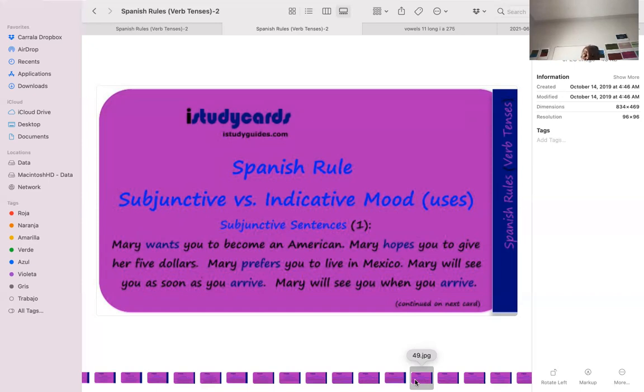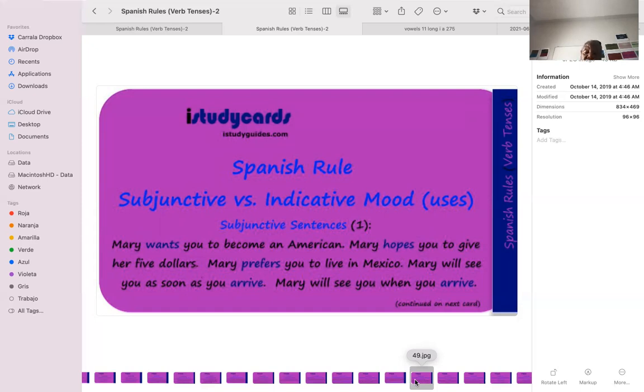So we're not talking about an objective sentence. Mary's father gives her $5. That's objective fact. But now we're talking about what Mary wants her father to do. Mary prefers, so let's put it in the way it would be in Spanish, that, and I'm going to use he, she, or it versus you so it becomes clear.